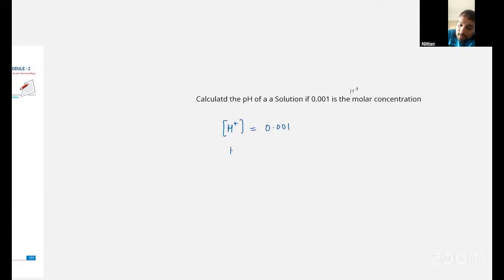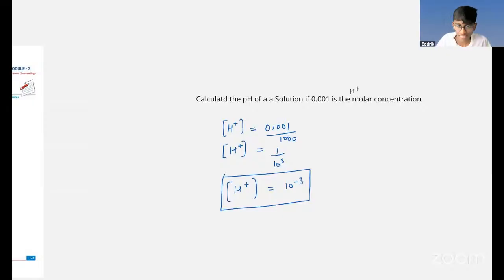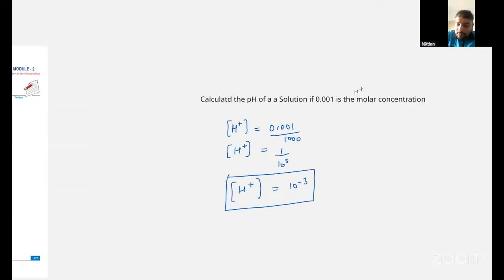If I remove the decimal point, it becomes 1000, and it becomes 1 upon 10 to the power 3, and the H plus ion concentration can be written as 10 to the power minus 3. Did you get it, guys? What I did? Yes, David. Now, with the help of the formula, find out the pH. Do it. Quickly do it.